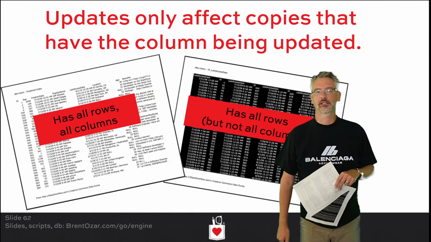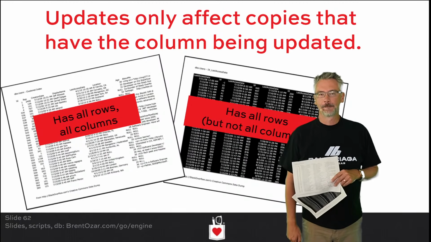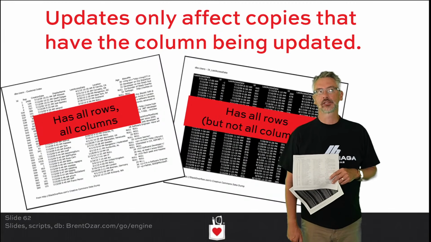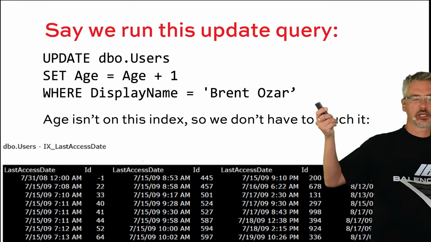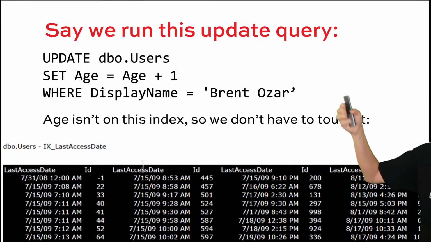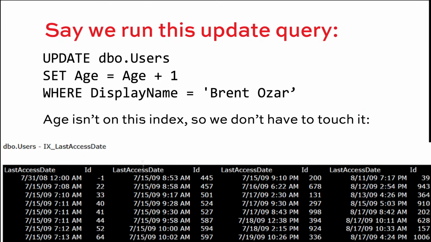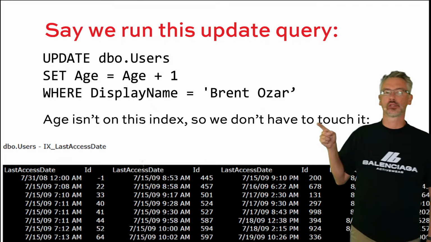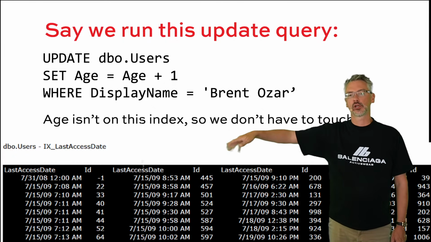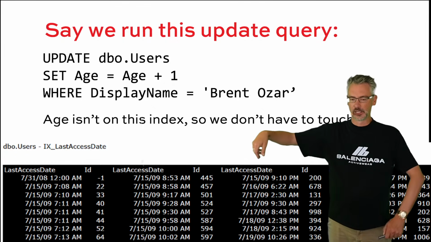Updates only affect the copy of the table that has the columns that are being updated. For example, let's say that I get 1 year older. Say that I update the users table to set my age equals age plus 1. I still only have to do 1 write here because age is only stored on the clustered index. I didn't put it on my non-clustered index.